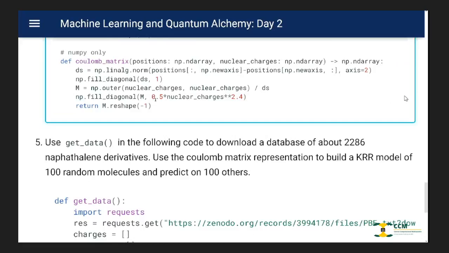So positions was the vector of n, x, y, z, right? So you have n atoms, you have the corresponding positions, the 3D spatial positions.